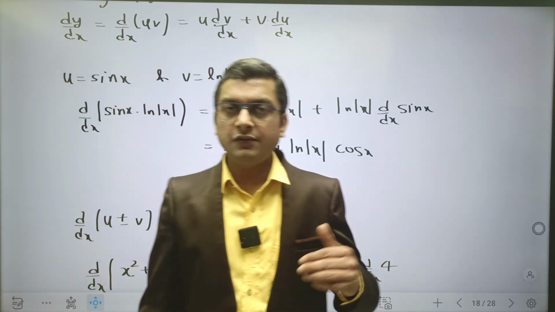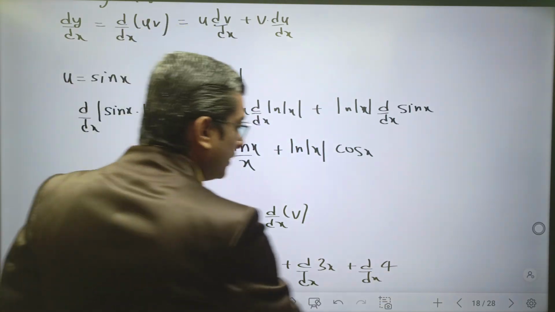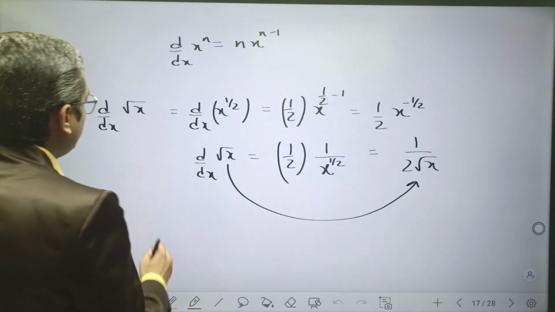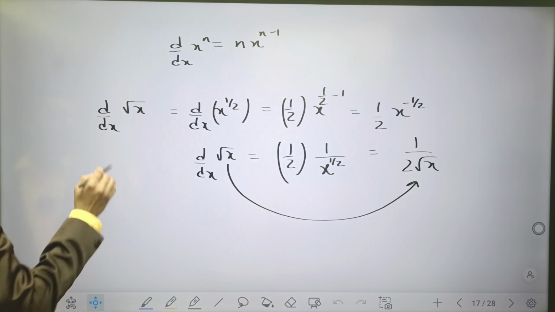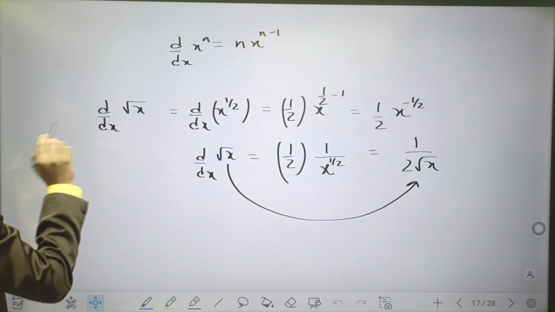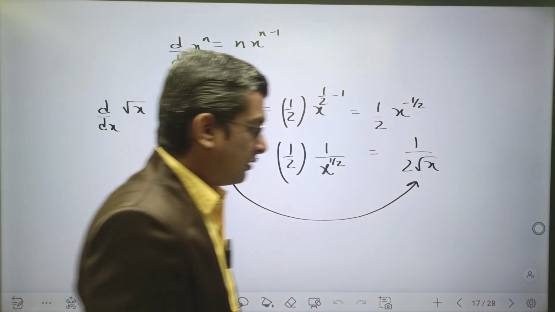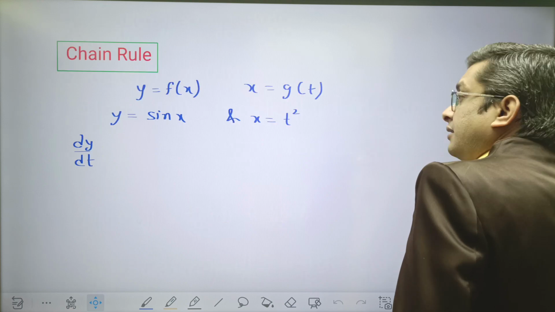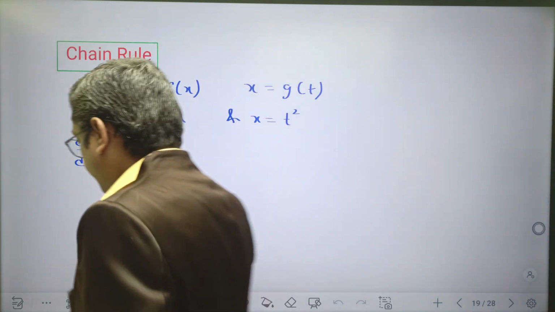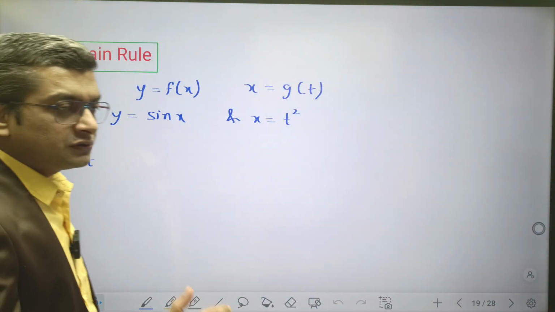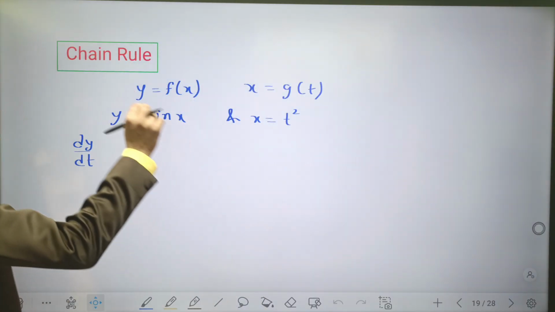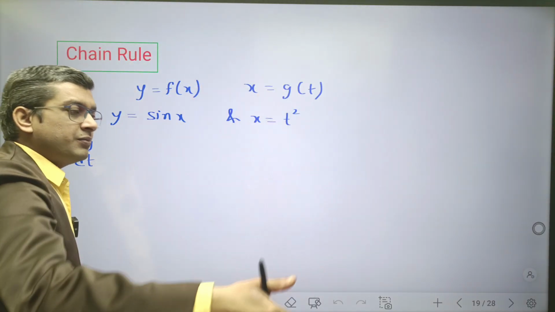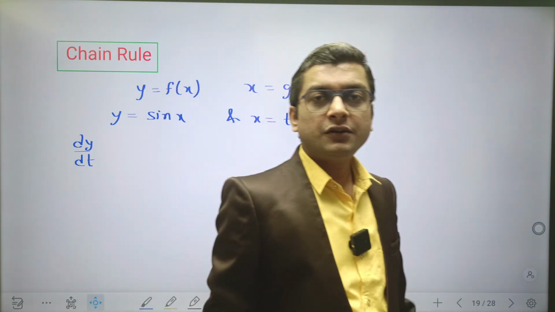In earlier examples as well, the function is in x, that is y is equal to root x, and we are differentiating it with respect to x. But there are some cases, and you come across many situations in physics numericals, where the function is in one variable and you have to differentiate it with respect to a different variable.